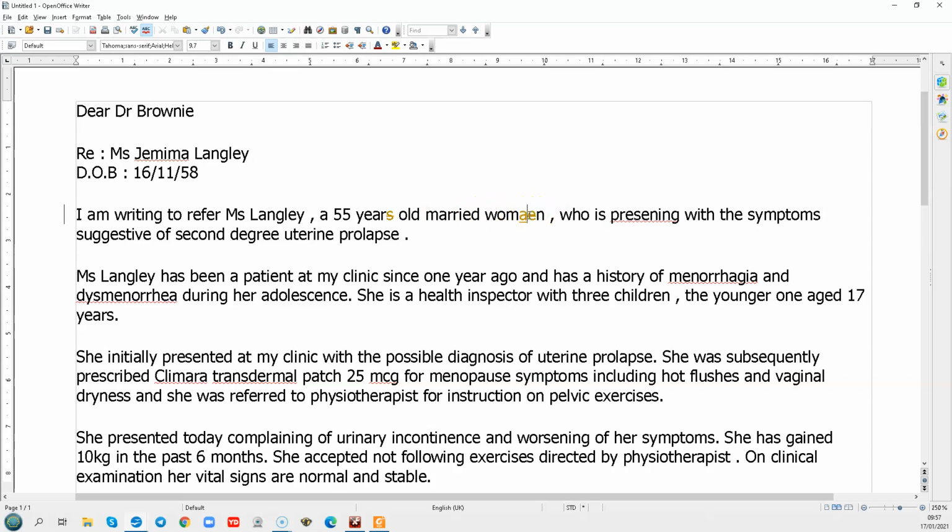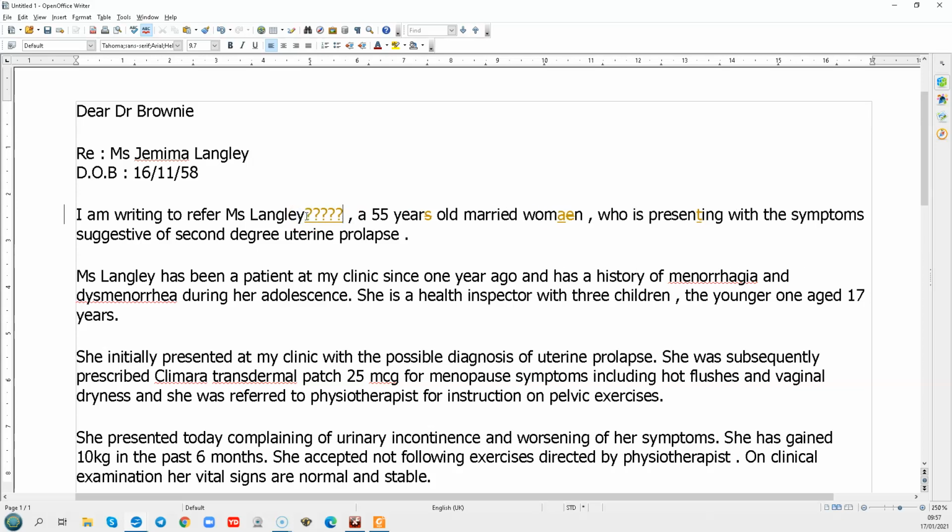Now, do I really need to know this? That she's married, and we can see that she's a woman. Presumably, it wouldn't be a man presenting with this particular complaint. So, okay. Who is presenting this? So, refer Miss Langley for what?